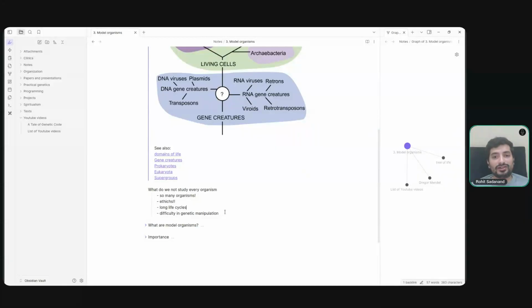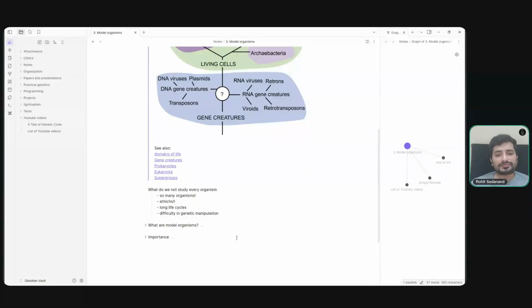If the lifespan of the organism that we are studying exceeds our own lifetime, then just studying the effect of a few mutations in that organism might take several generations of scientists to be working on that. And that is why organisms that we study usually tend to have very small lifespan so that multiple generations can be studied in that organism.